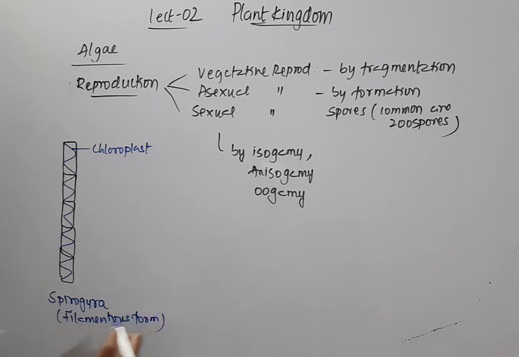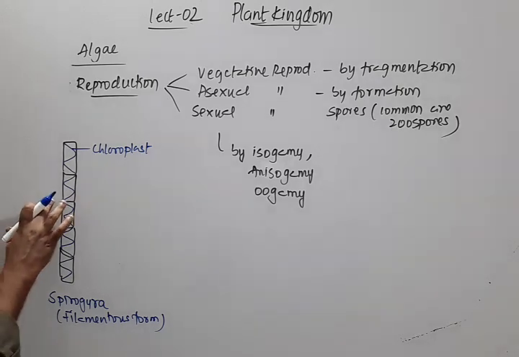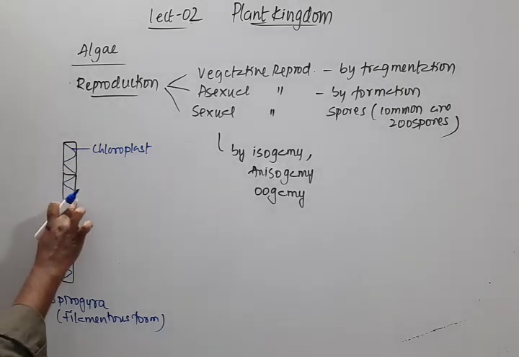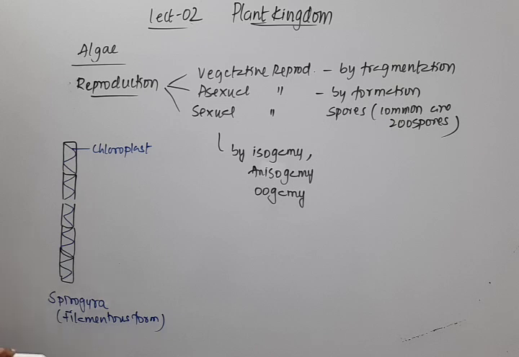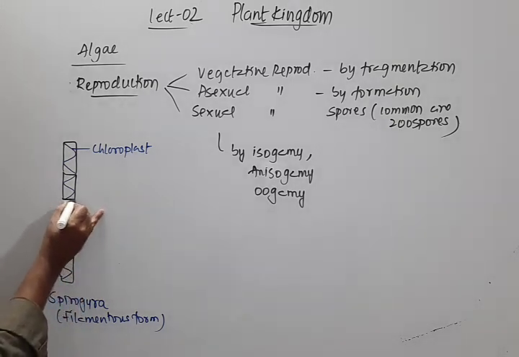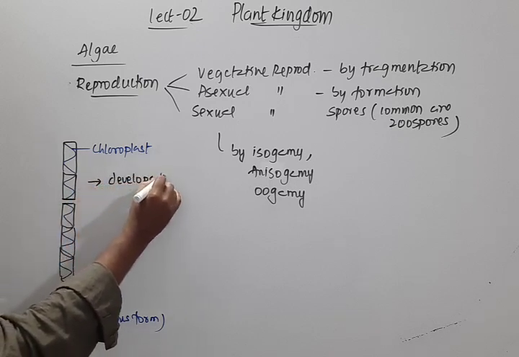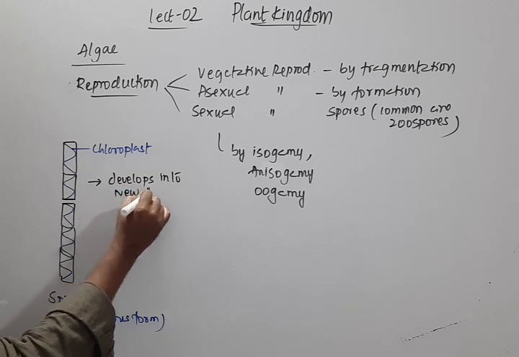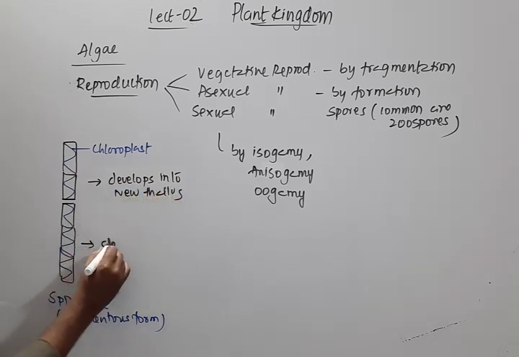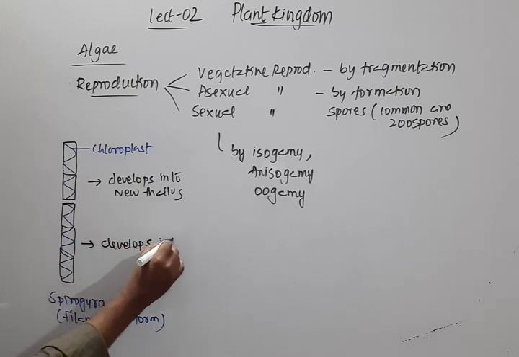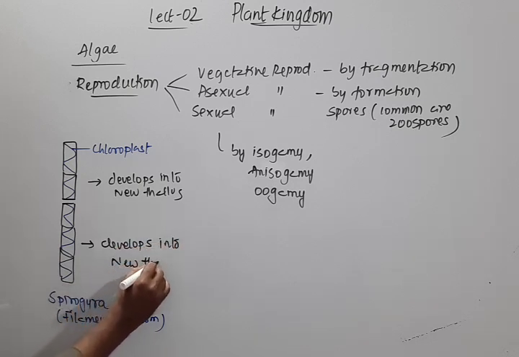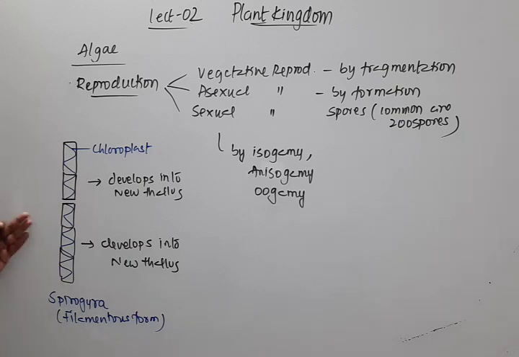If this filamentous form breaks up into two filaments, this one develops into a new thallus, and this one will develop into another new thallus. So one thallus got separated and formed into two thalli. That's how fragmentation takes place.